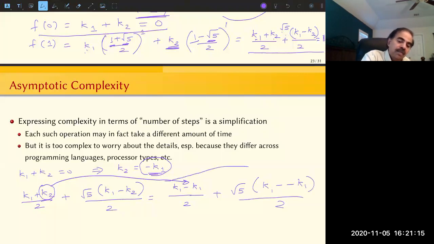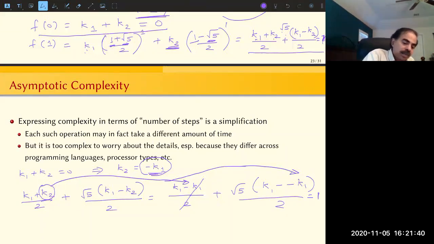So once again, for k2, we have substituted minus. So k1 minus k1 is going to become 0, and this whole thing is equal to 1. That's what we said, because f of 1 is 1. So this is equal to 1.